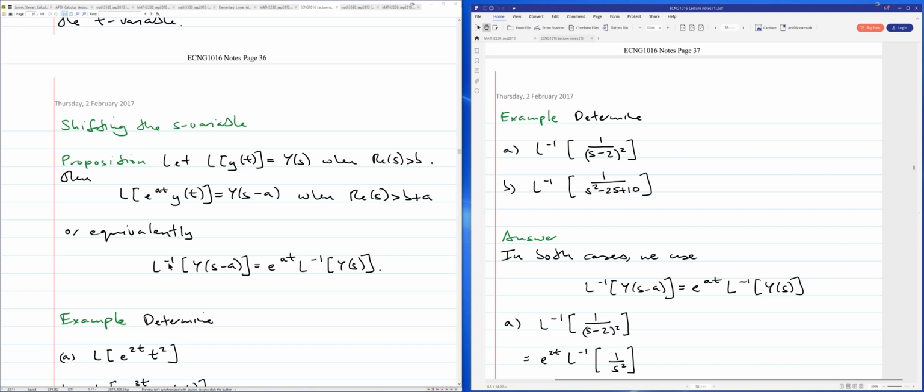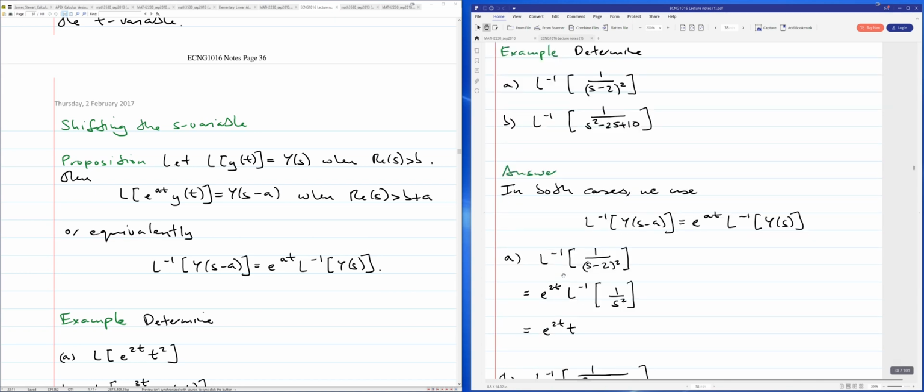If I want Laplace inverse of something that is already shifted, I remove the shift, or you could say unshift. You go from s minus a to just s. So Laplace inverse of Y of s minus a is Laplace inverse of Y of s, but you need to multiply by exponential e to the at.